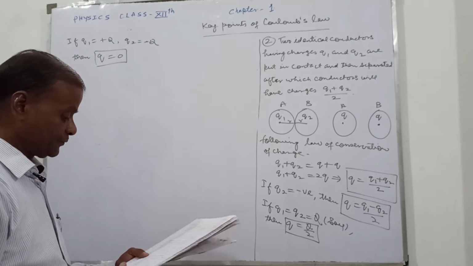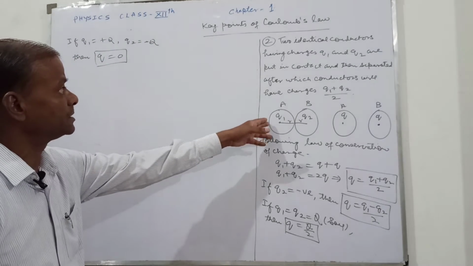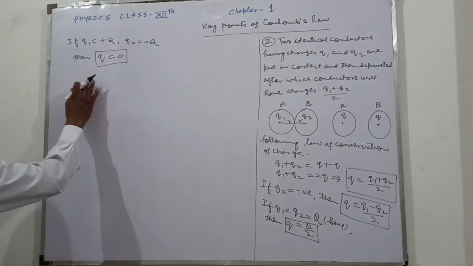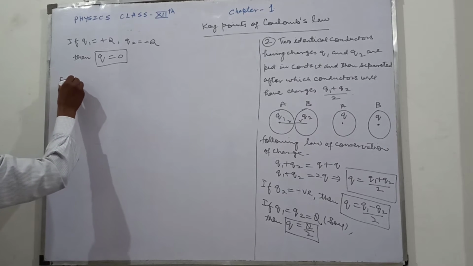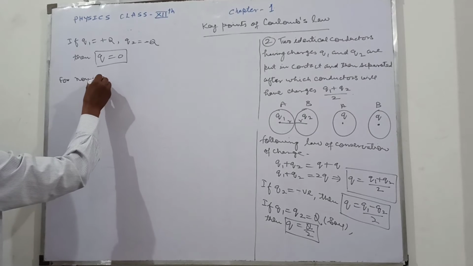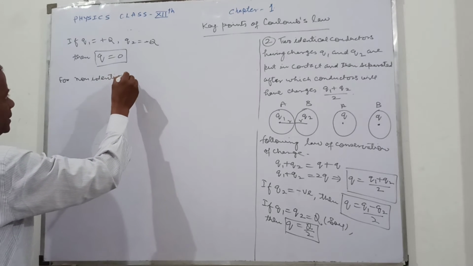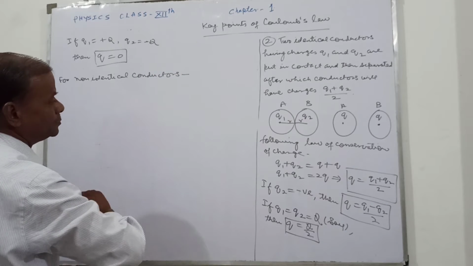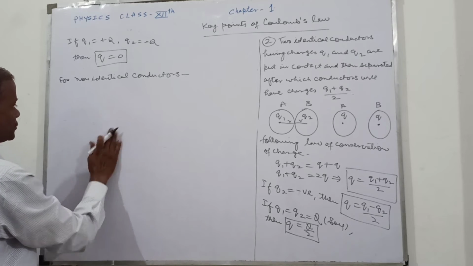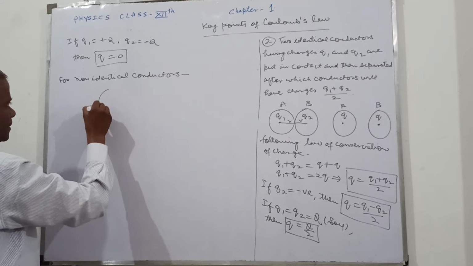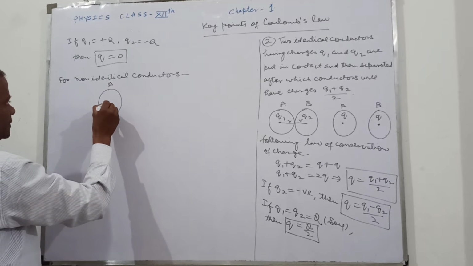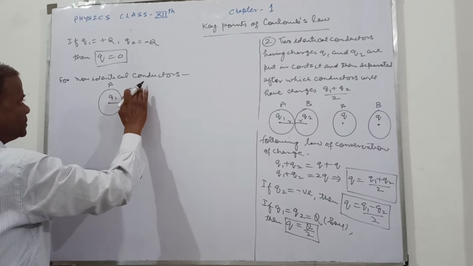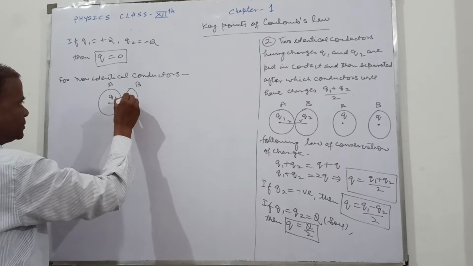So this is for the identical conductors. Suppose these conductors are not identical, non-identical conductors. Suppose this is conductor A, having the charge Q1, and this is conductor B, having the charge Q2.